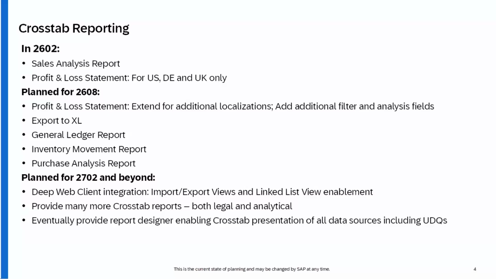And we want to enable the crosstab pattern for linked list view functionality, which will mean that you can open up a filtered report from somewhere else, or navigate to some other place from the crosstab pattern report itself.